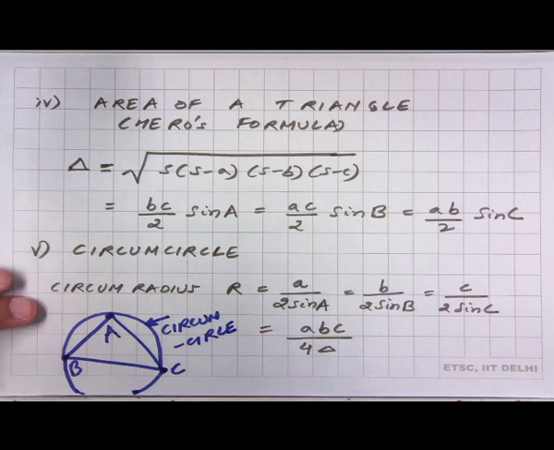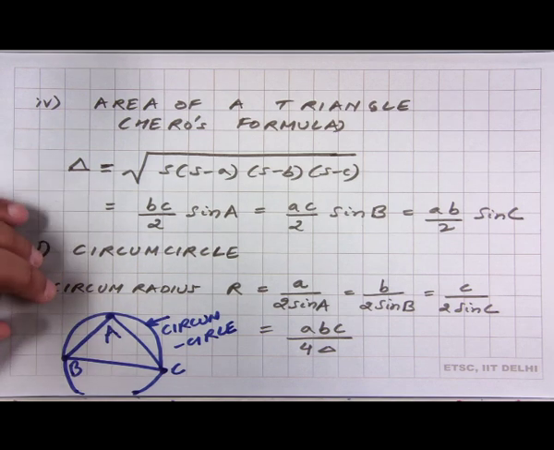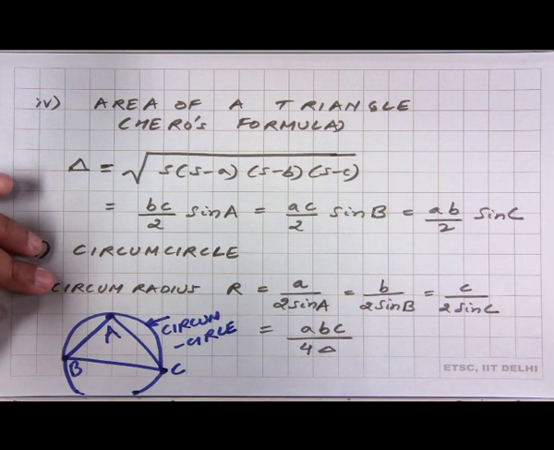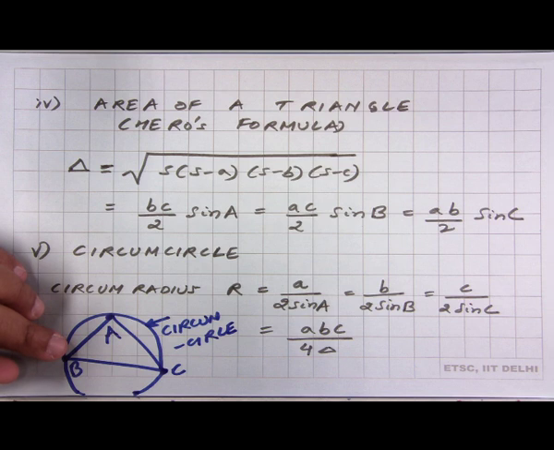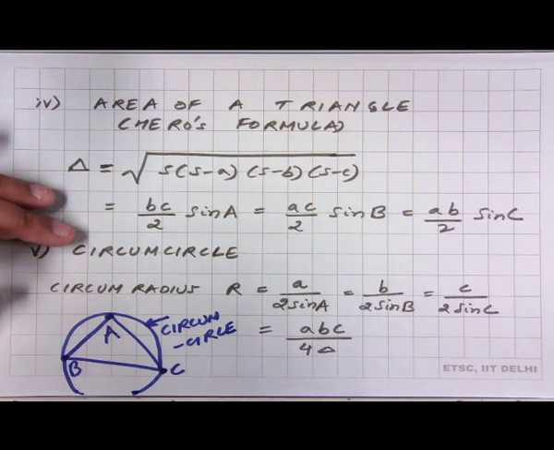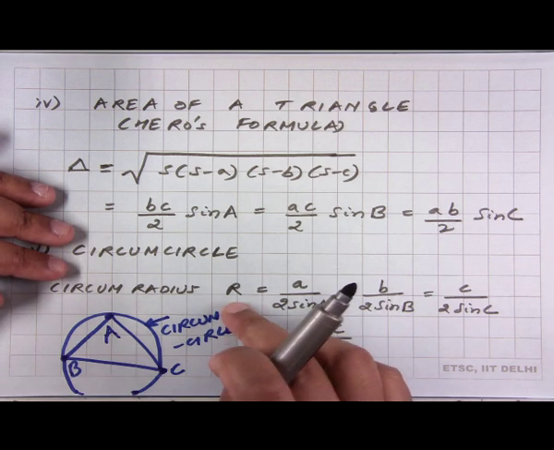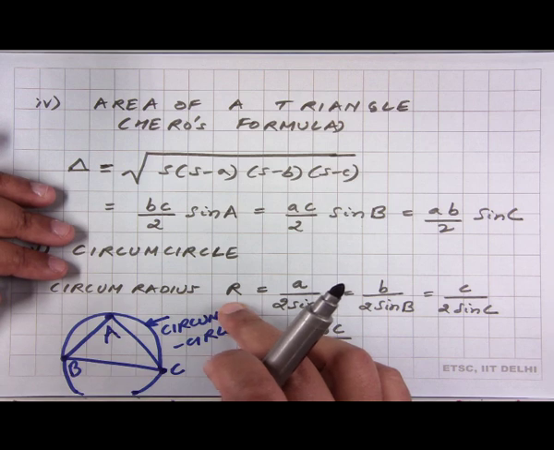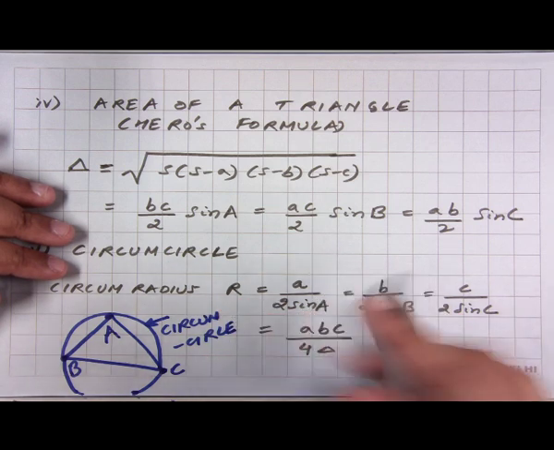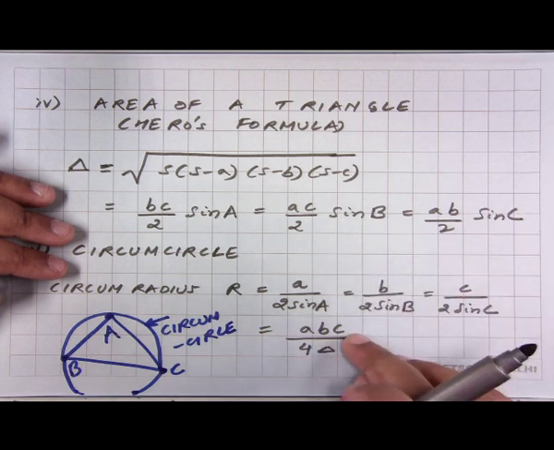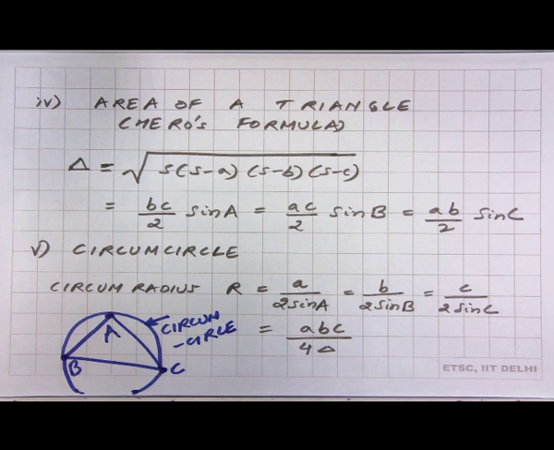The radius of the circumcircle is called the circumradius. The center of the circumcircle is called the circumcenter. We also derived the formula for the radius of the circumcircle, and we had denoted it by the uppercase letter R, and we had shown that it is equal to the product of the sides divided by 4 times the area of the triangle.